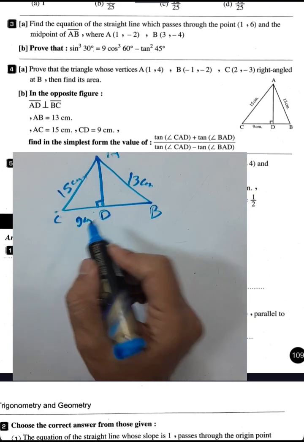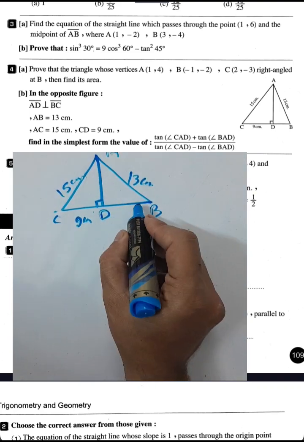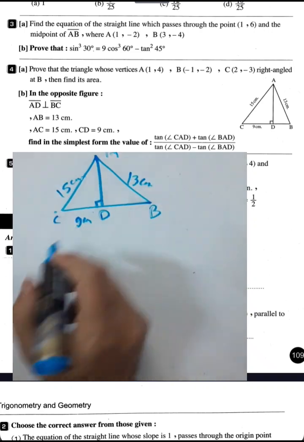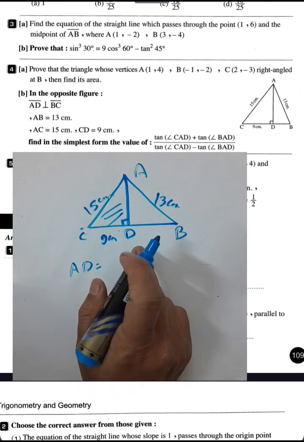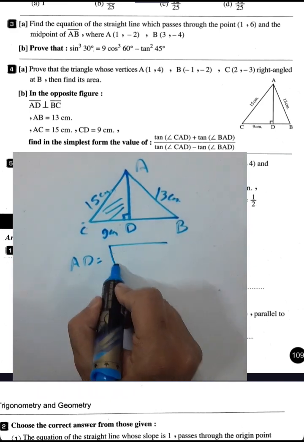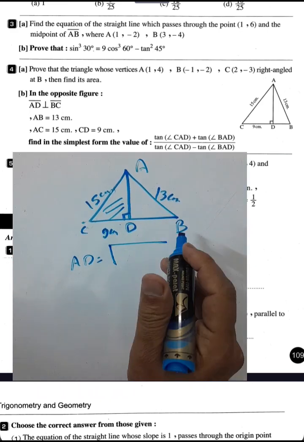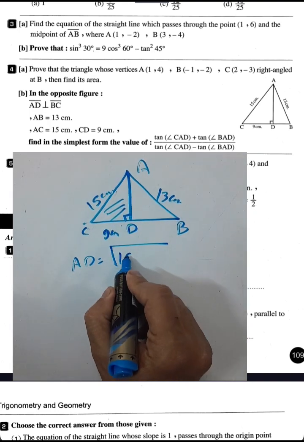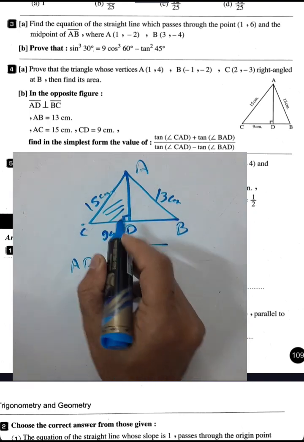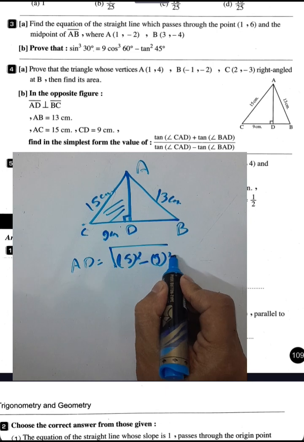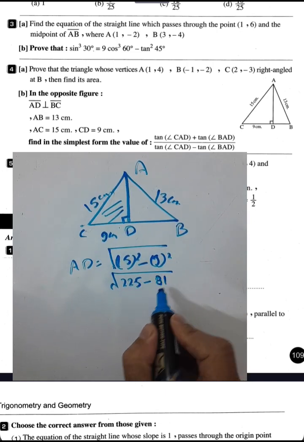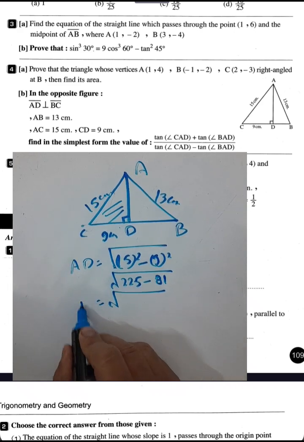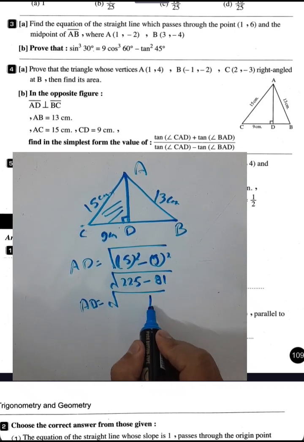First step to solve this example, you must find the lengths of DB and AD. You can find the length of AD from this right angle triangle at point D. Then AD we can find by the hypotenuse 15 power 2 minus this side power 2: 15 power 2 is 225, minus 9 power 2 which is 81, and then the square root of that to find AD.